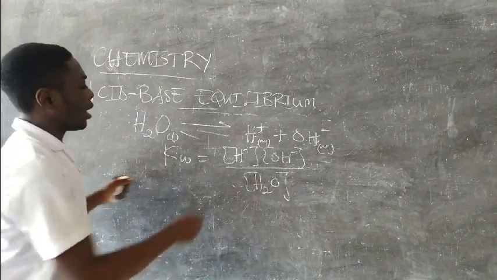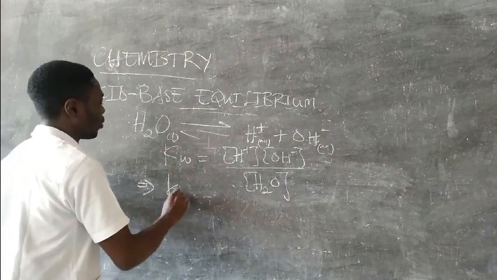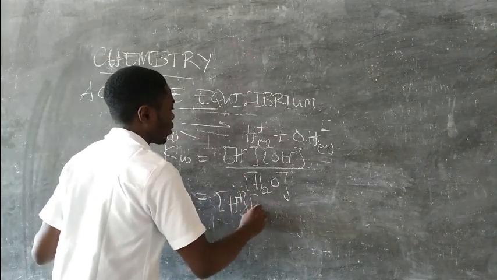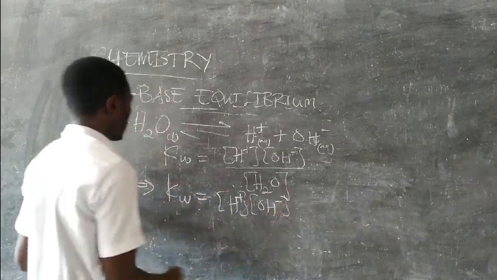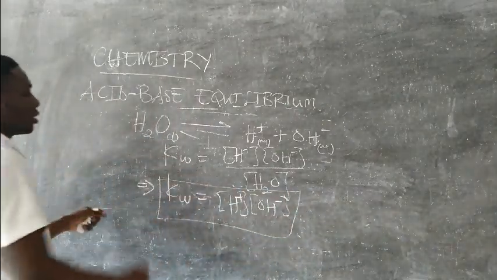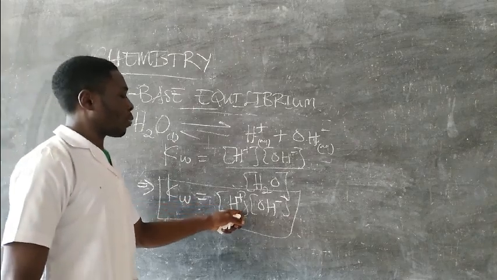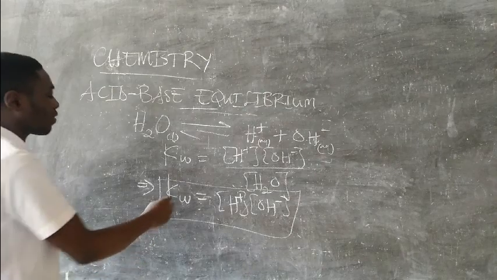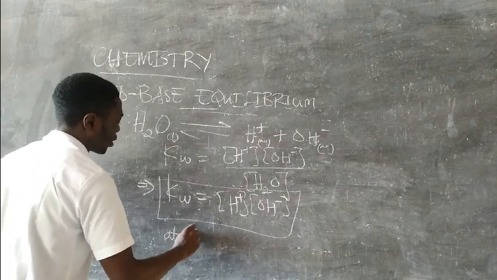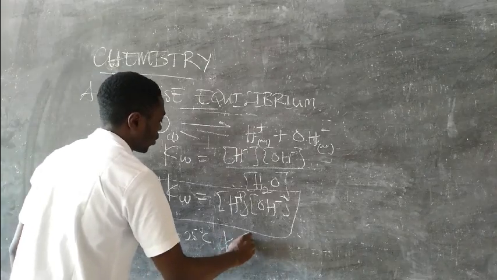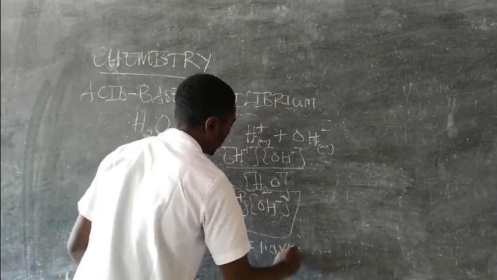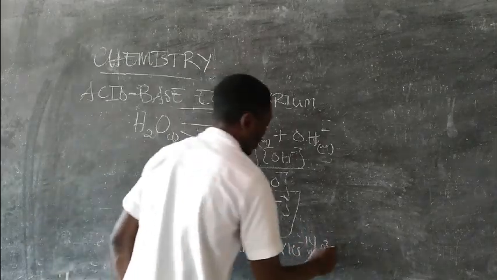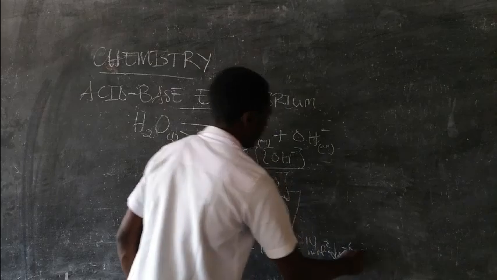If it is unity, it implies that Kw is equal to the concentration of H plus times the concentration of OH minus. Simply that way. So Kw is equal to the H plus concentration times the OH minus concentration, and the value of Kw at 25 degrees Celsius is 1.0 times 10 to the negative 14 mole squared per dm to the negative 6.